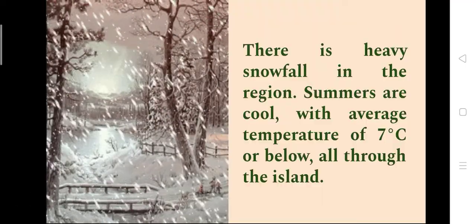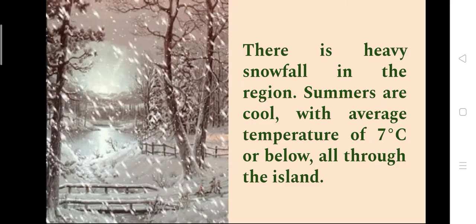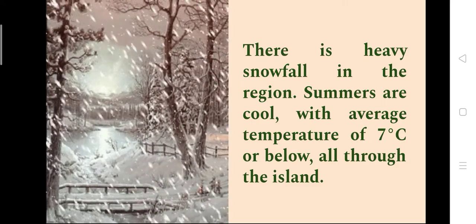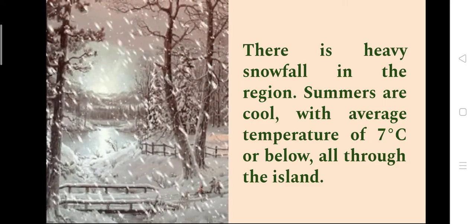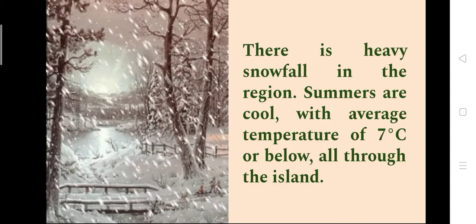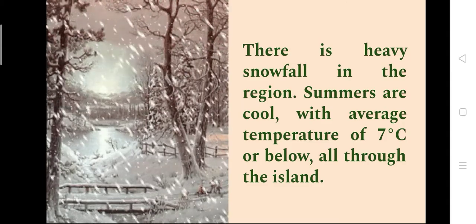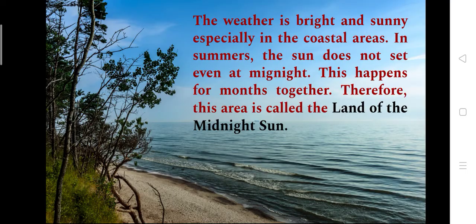There is heavy snowfall in the region. Summers are cool with an average temperature of 7 degrees Celsius or below all through the island. The weather is bright and sunny, especially in the coastal areas.